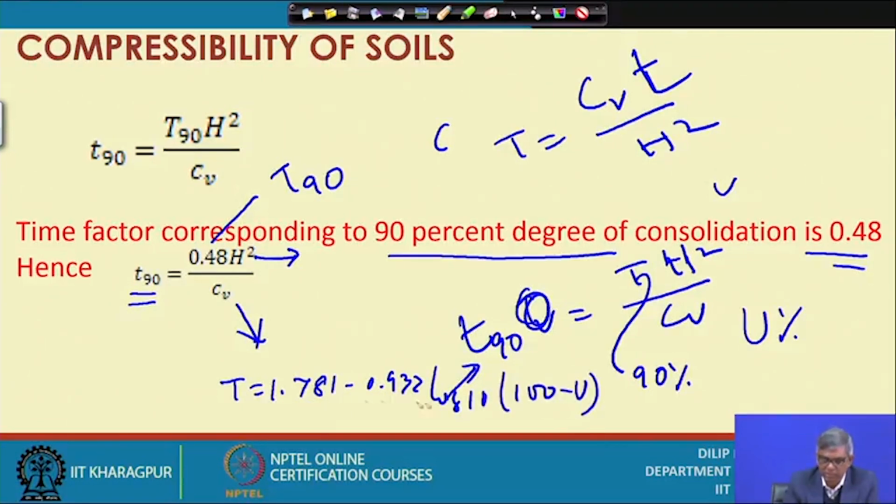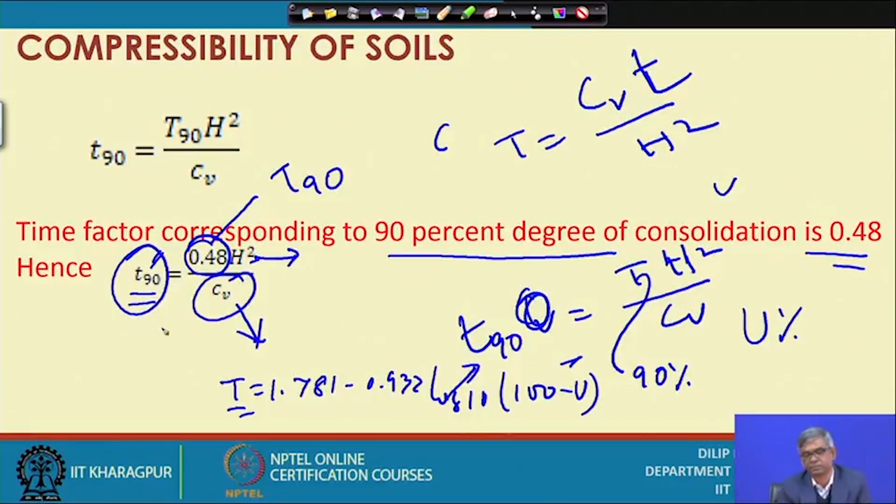If you use this equation also, with U equal to 90%, then T will become 0.848. So, T90 is 0.848 equal to CV t90 by H square. So, t90 can be read from the graph, so CV can be obtained from this.